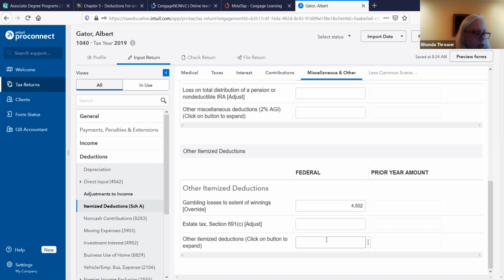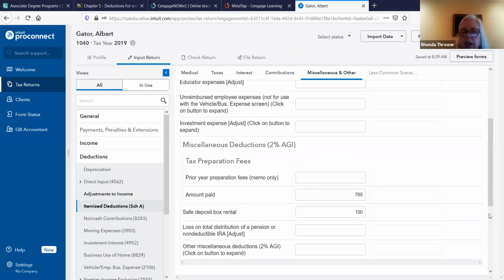Okay, so gambling losses. It's in the additional information. Oh, actually, it's the last paragraph. Albert managed to gather his gambling loss documentation. It was 4502. And so we put that there.